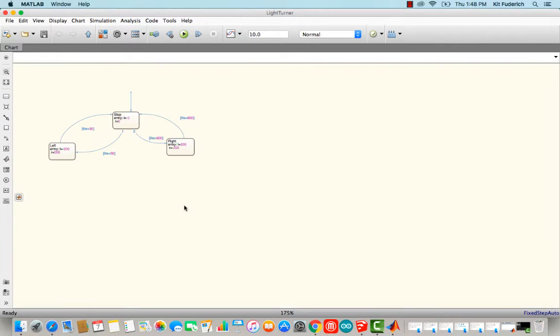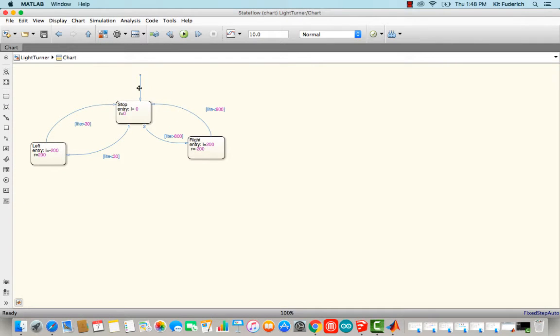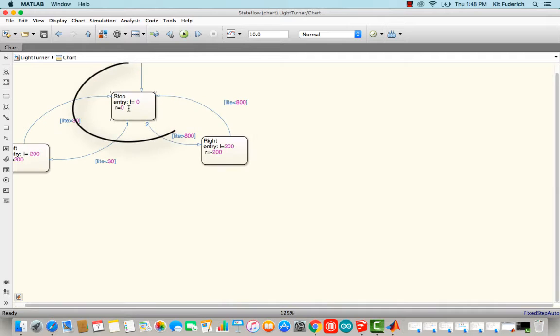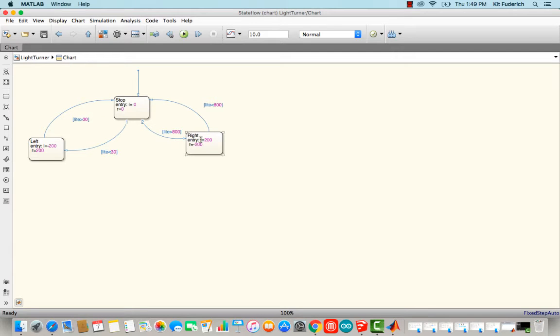Let's click into the chart now to see what happens. So first you enter into the system, and that entry point is represented by an arrow which doesn't come from any visible location. It's just like a little ball up there. Going into our stop state, where both the variables L and R are 0. Now we have two different states it could potentially go to.